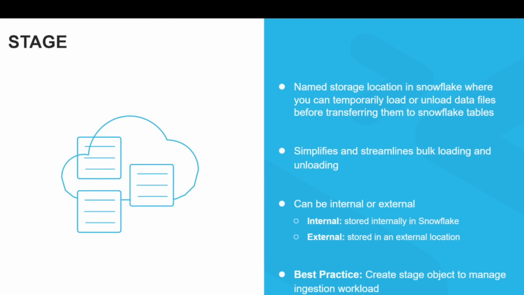Internal stages are stored internally inside Snowflake. An external stage is stored in an external location, which could be cloud storage. The best practice in Snowflake is that we should always create stage objects to manage ingestion workload.